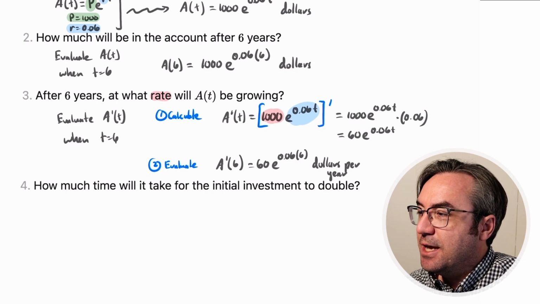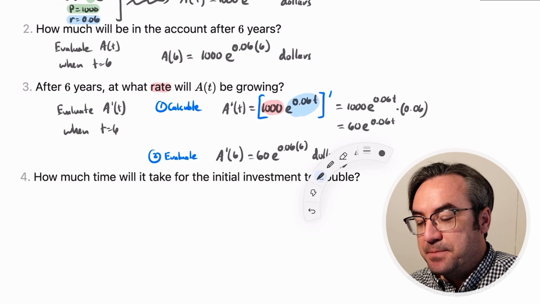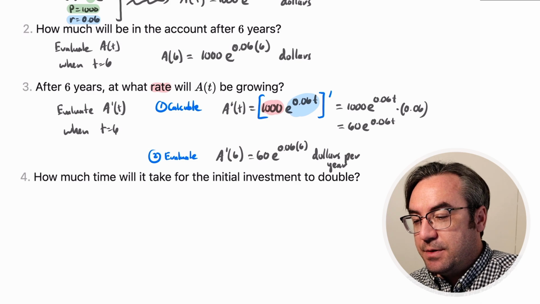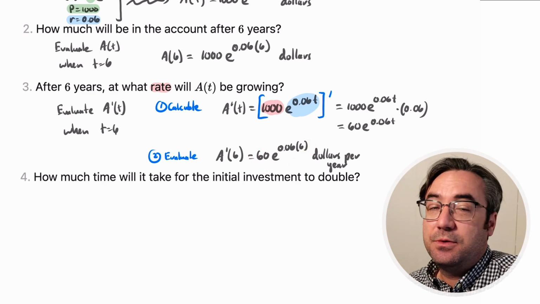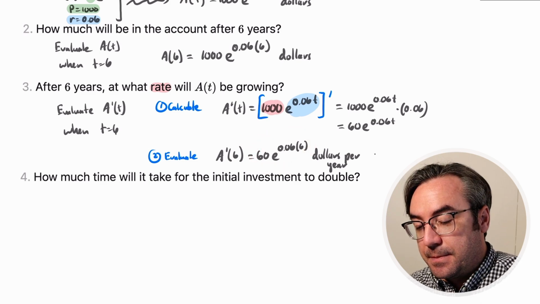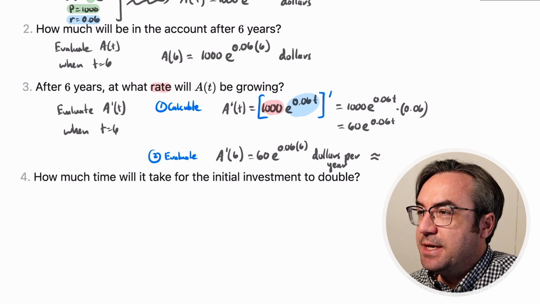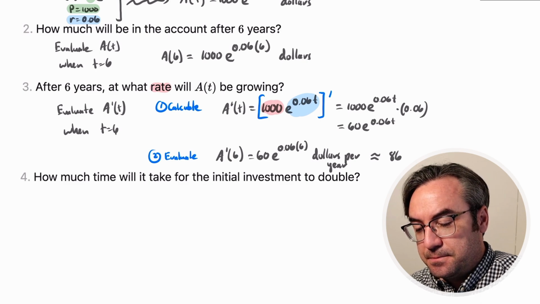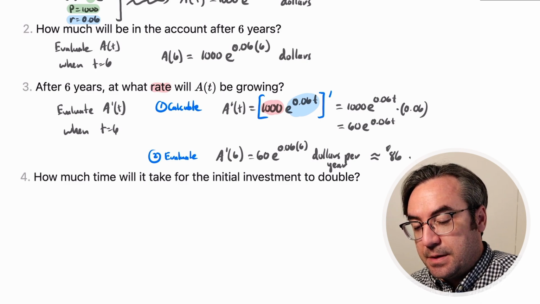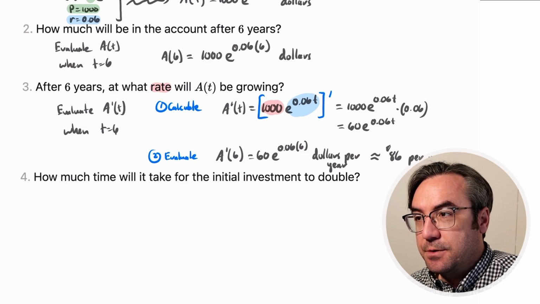And just to help conceptualize this a little bit, what if we calculated this as a decimal? This would be approximately $86 per year.